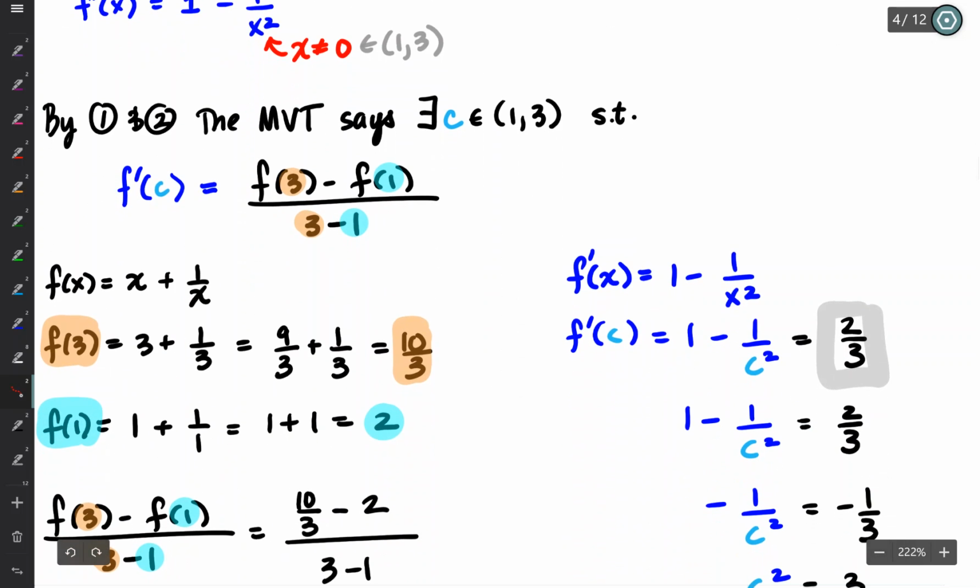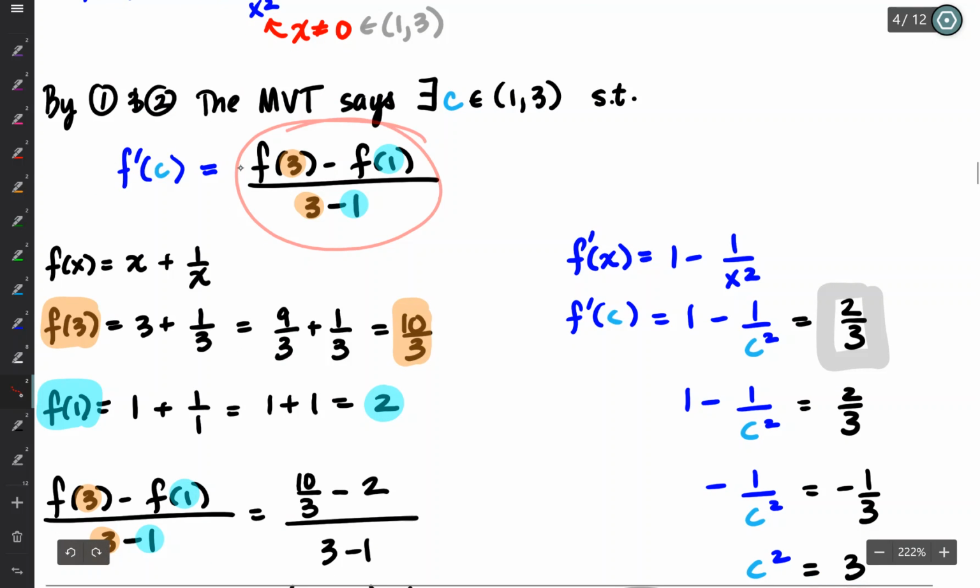And then the mean value theorem says there's got to be at least one x value, x equals c, between 1 and 3, such that the slope of the tangent line there is equal to the slope of the secant line there. And we are going to look at this on Desmos.